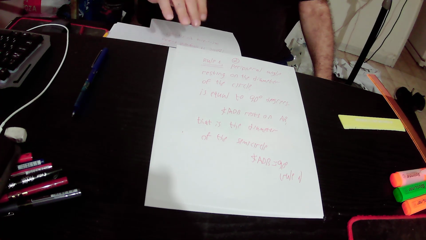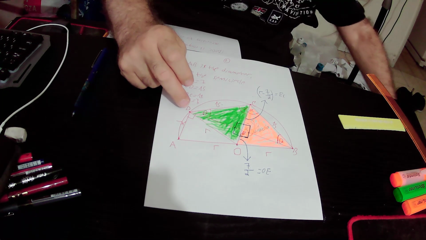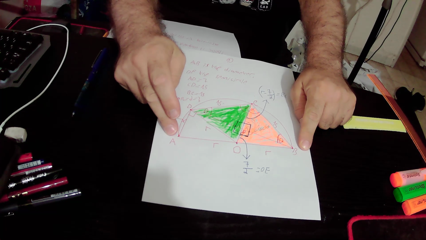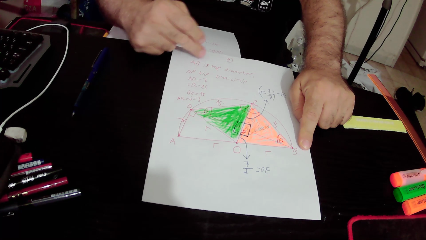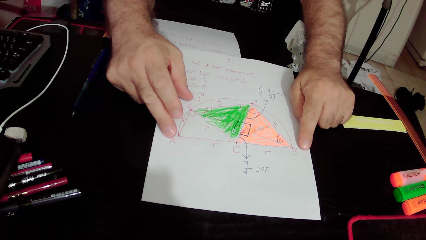Okay, so as you can see from the drawing, the peripheral angle ADB rests on the diameter of this semicircle that is AB, according to what is given in the question. So angle ADB rests on AB, that is the diameter of this semicircle.